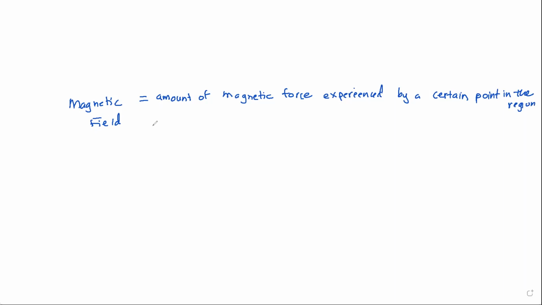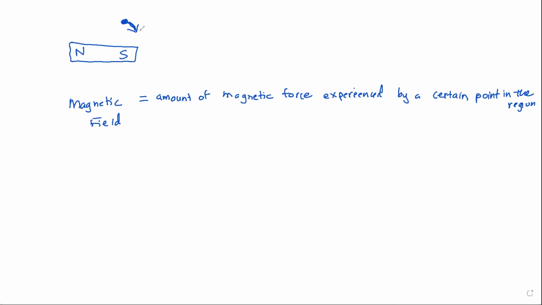Right? So a magnetic field is a force that is experienced by a certain point in the region. So we talked about the bar magnet. If we take a certain point in the space around that magnet, whatever the magnetic field at this point is defined as the amount of force that is experienced by this object due to this magnet. We call that the magnetic field.